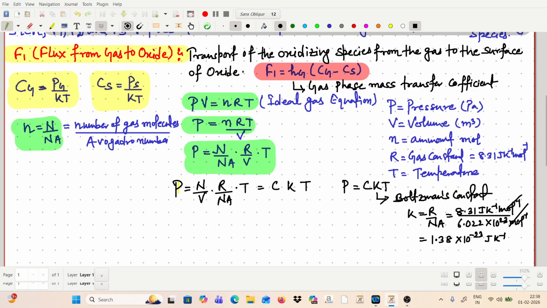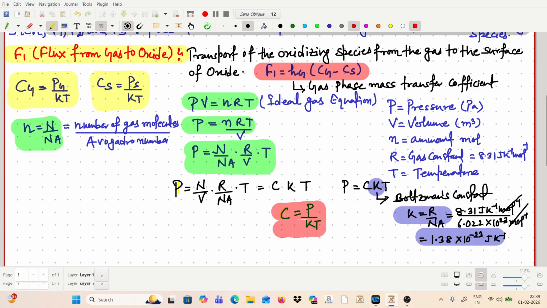This mole and mole will be cancelled. The k value is simply 1.38 into 10 to the power minus 23. Okay, so this one gives P equals CkT. So simply we can write C equals P by kT, that we have already derived.